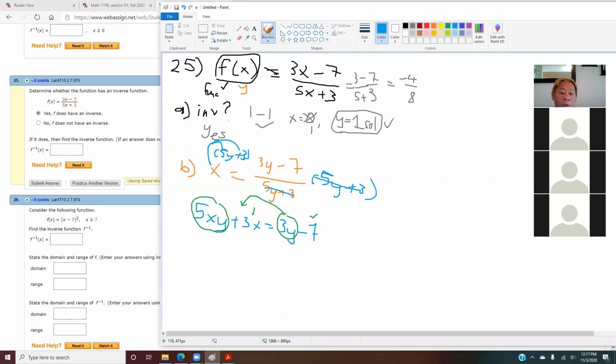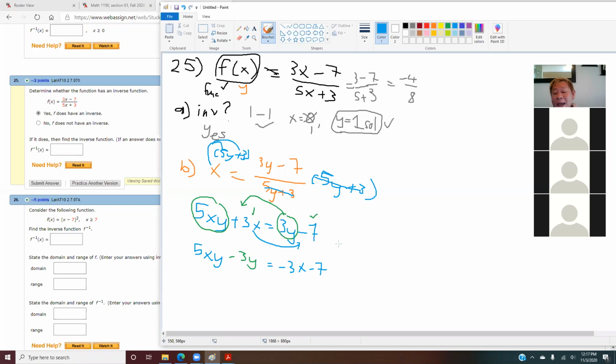That 3y is positive, so once you move it, it becomes negative. And then I also want to move my 3x over there. My 3x used to be positive, but once you move it, it becomes negative. And then you still have the minus 7.